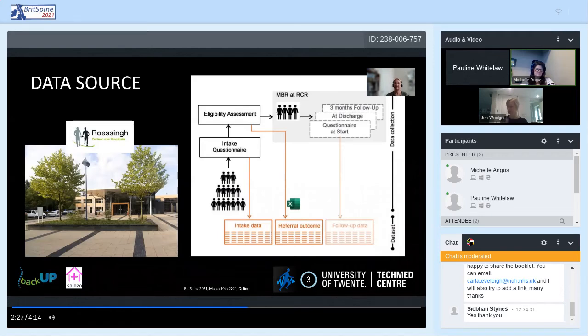The data was collected from September 2012 to July 2019 with questionnaires. From 52 patients, it was known whether they were admitted to MBR or not. And this was manually processed by Anneke Beckman, one of the co-authors of this abstract and psychodiagnostic worker in the Roessingh.